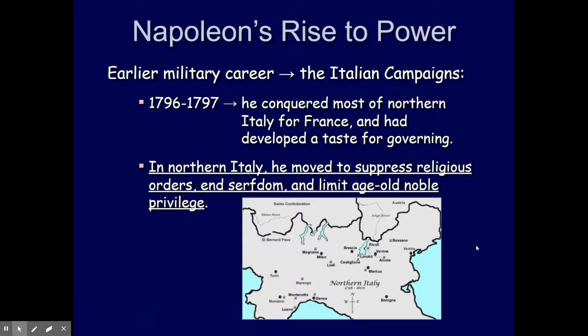So if you were able to fight Austria and make them sue for peace, you were certainly making a name for yourself. So by outdoing the continental power of the time, he was able to get Holland, Belgium, northern Italy, a variety of islands, and then he also was able to work his way in on Western Germany's free cities and states, which we'll talk about later on in the year.